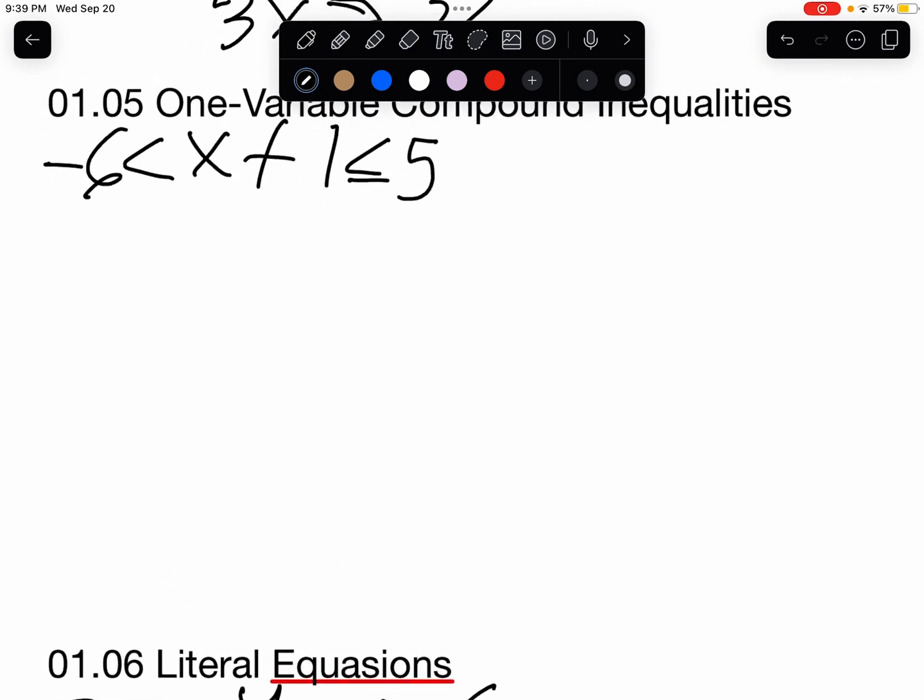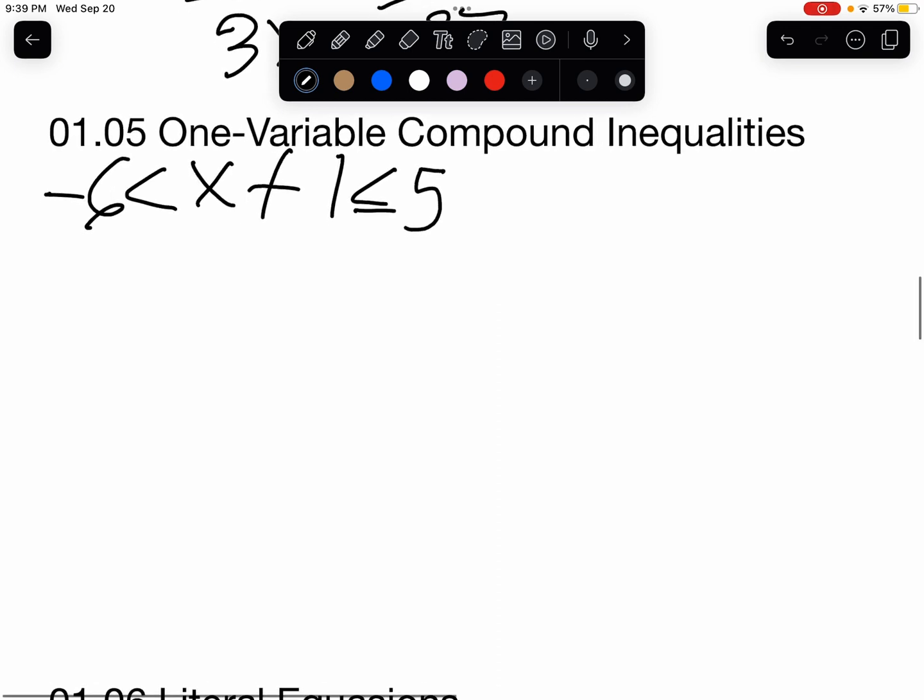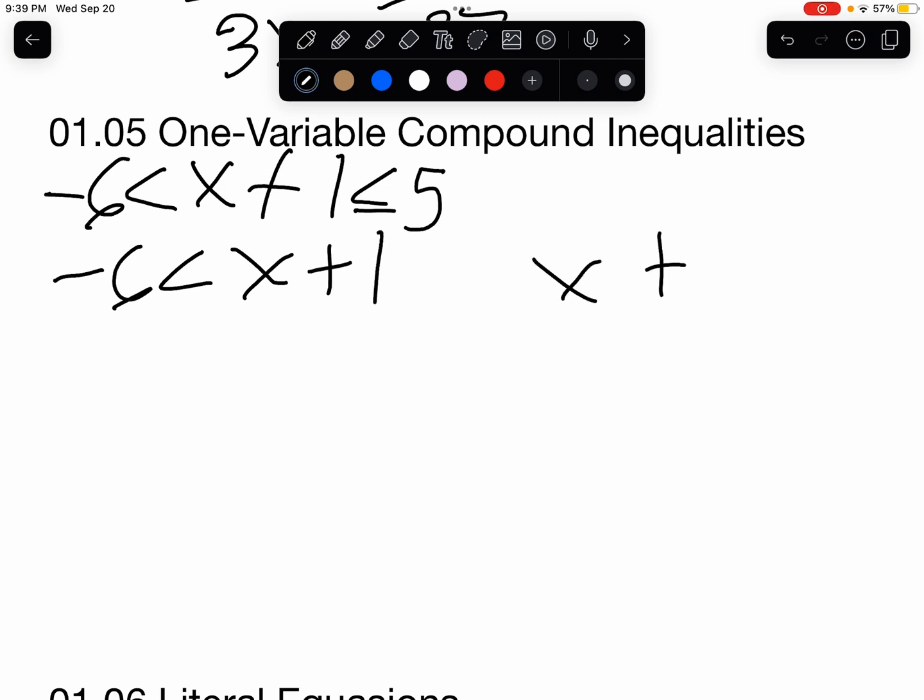How you answer this inequality, you have to first separate the inequality. -6 is greater than x plus 1, and x plus 1 is less than or equal to 5.